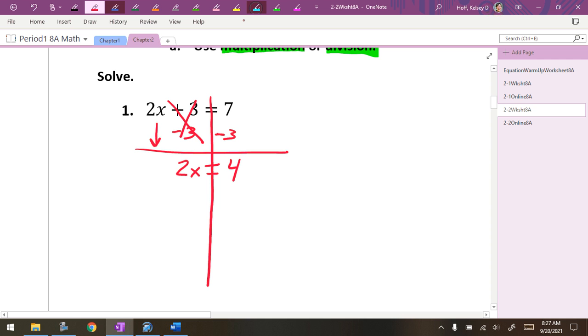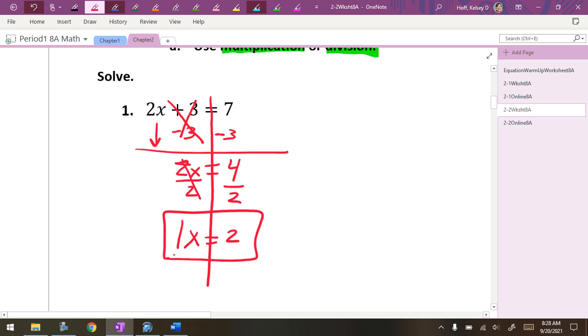Right now, our coefficient is a positive 2, and they are multiplied because they're next to each other. How do I undo multiplication? I divide both sides by 2. Rejoice. 4 divided by 2 is 2. And now I'm done.